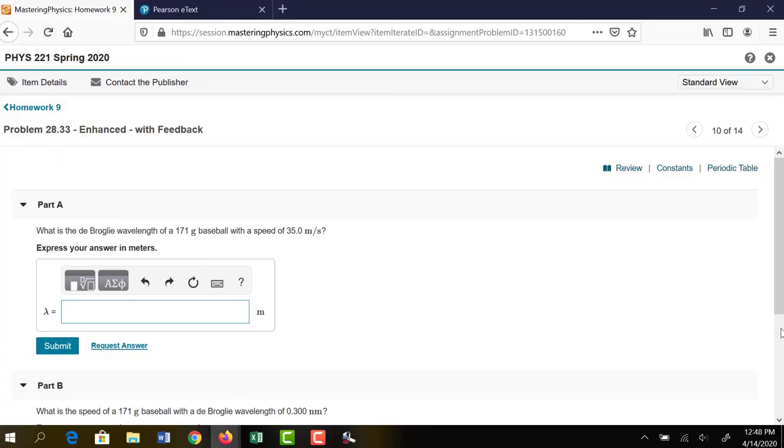What is the de Broglie wavelength of a 171 gram baseball with a speed of 35 meters per second? Everything has a wavelength. Maybe with light it's more intuitive, but baseballs, humans, everything moving has a wavelength.